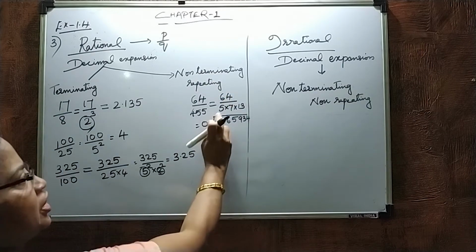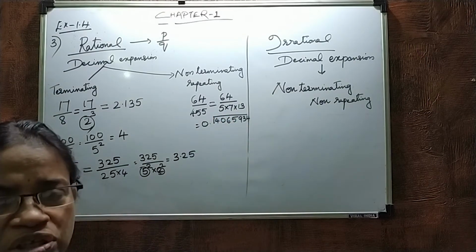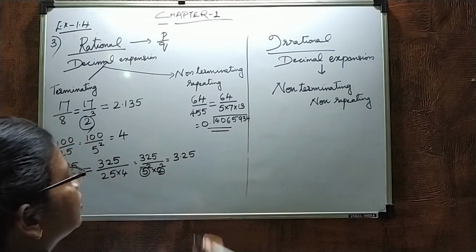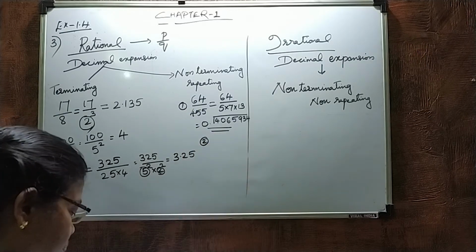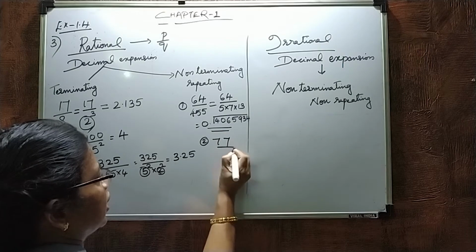And what happens? Here look, only 5 is there and some other factors we got. Okay, I will give one more example then. Next example. The example is 77 by 210.